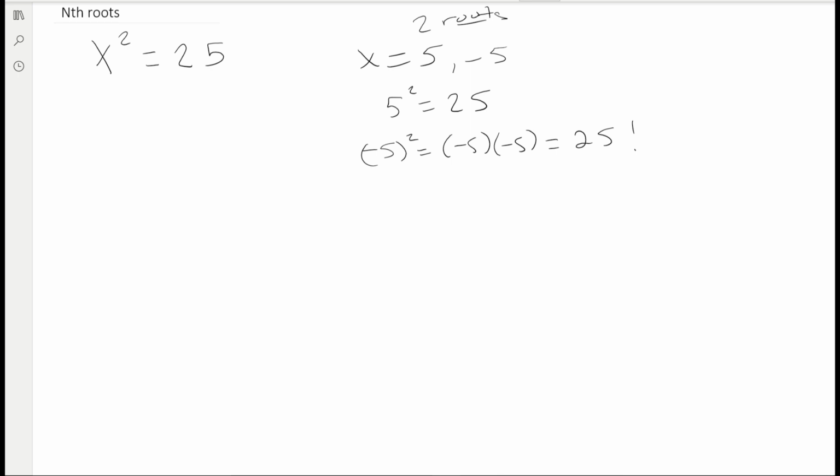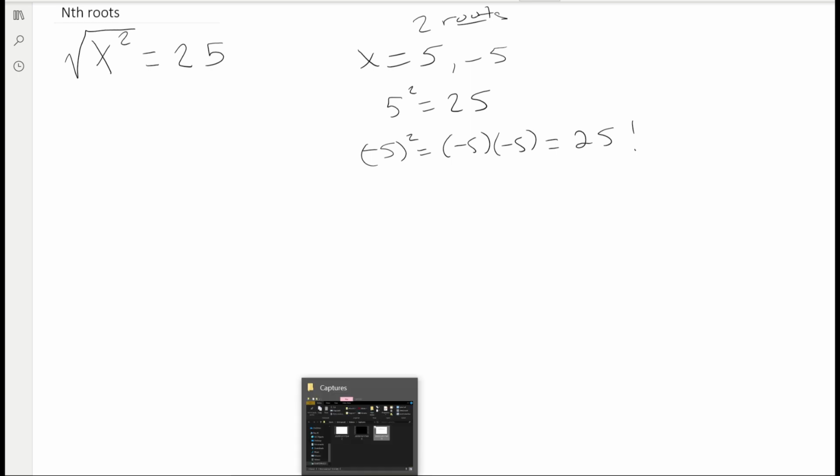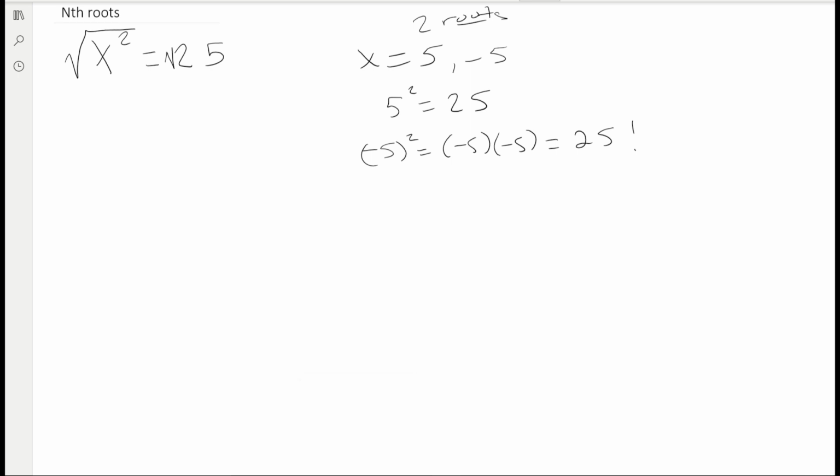So in other words, another way to solve this is to take the square root of both sides. That's what we have a symbol for here, like this, right? So we take the square root of that side and then we take the square root of the other side. Now, we know that this right here is the square root symbol, right?